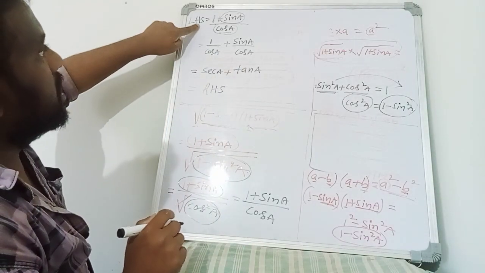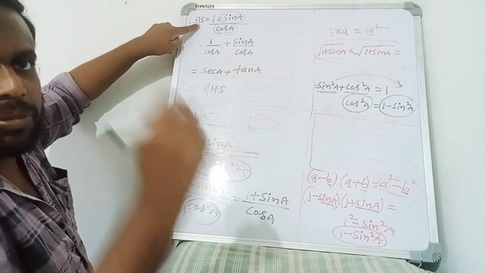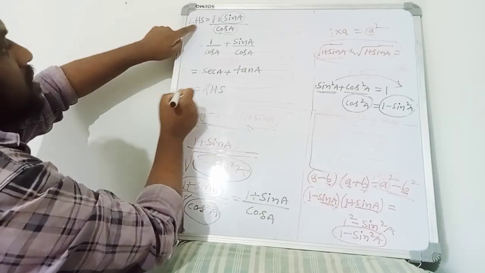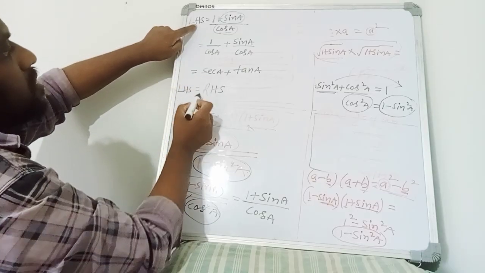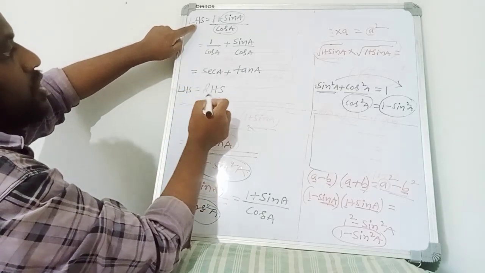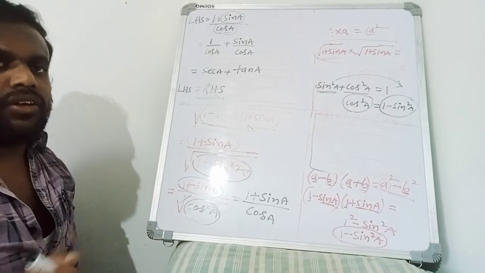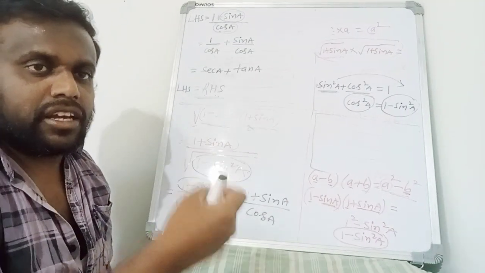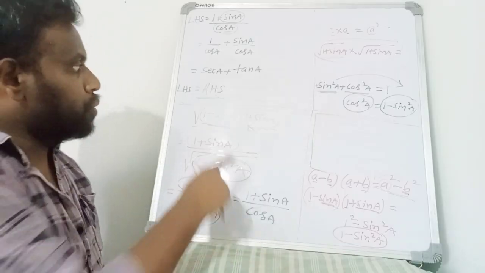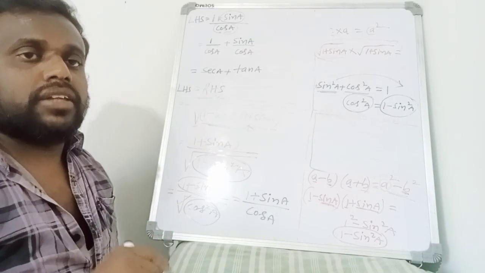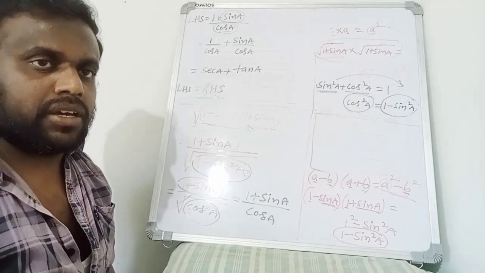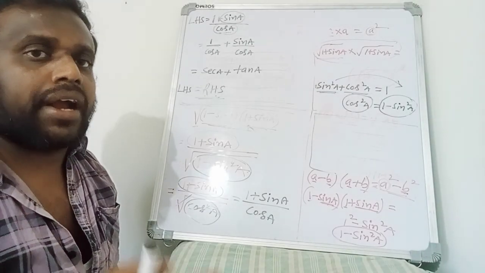We have taken LHS and we simplified. Finally this LHS is equal to RHS. That means when LHS is equal to RHS, we have proved the identity.